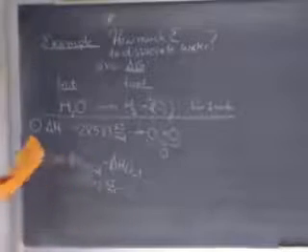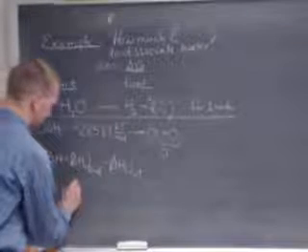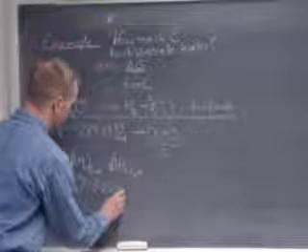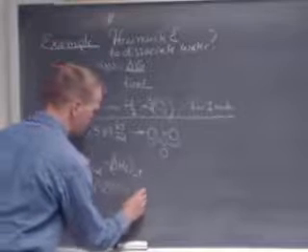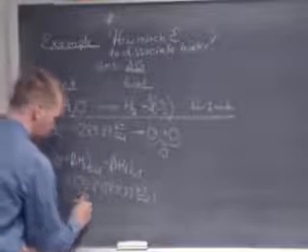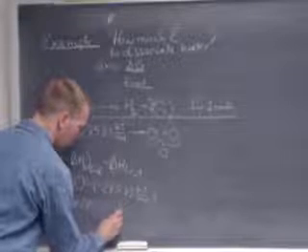Well, that means my change in enthalpy is simply, oh, good grief. No. Final minus initial. 0 minus a negative 285.83 kilojoules per mole, which gets me a positive 285.83.